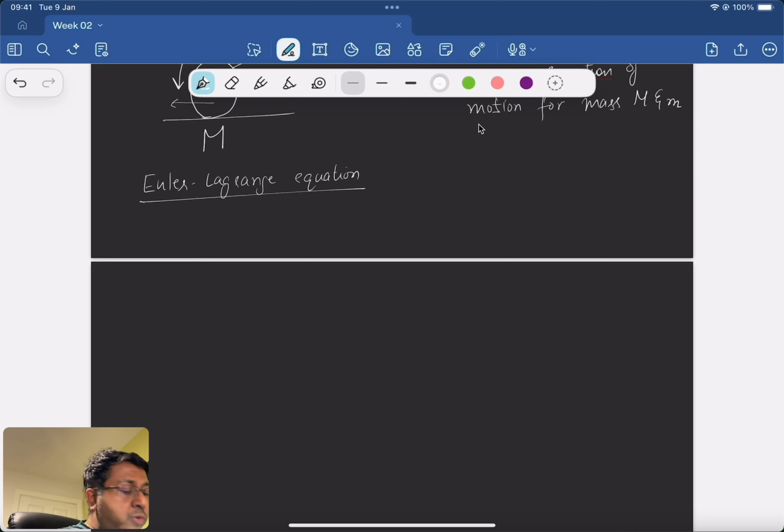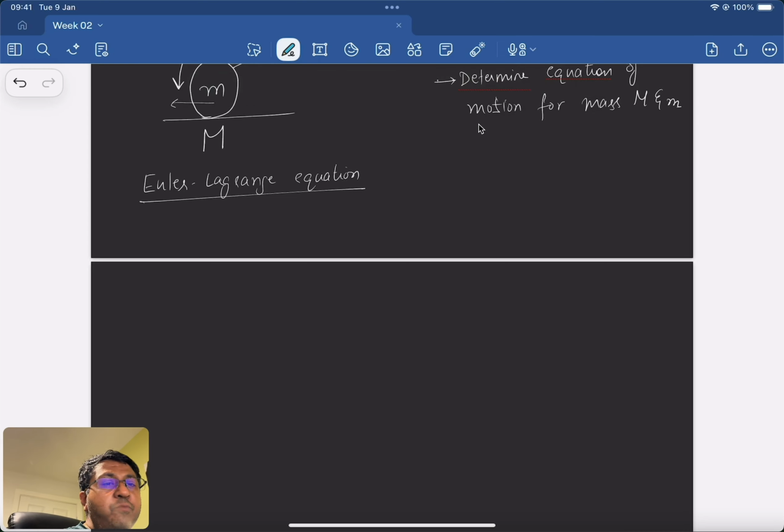But we don't have any damping or friction, so no dissipative effects. So I can write my Euler-Lagrange equation as d/dt of ∂L/∂q̇i minus ∂L/∂qi is equal to Qi.